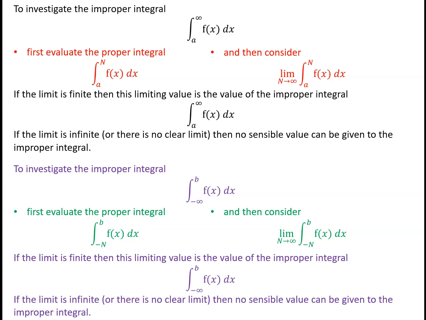If the limit is finite, then this limiting value is the value of the improper integral that we're considering. If the limit is infinite, or there is no clear limit, then no sensible value can be given to the improper integral.